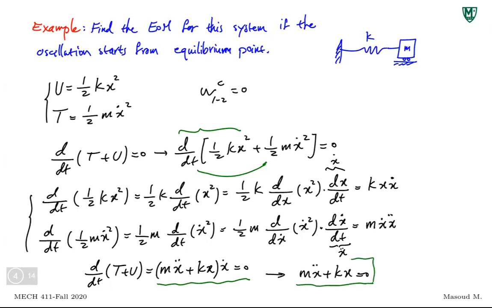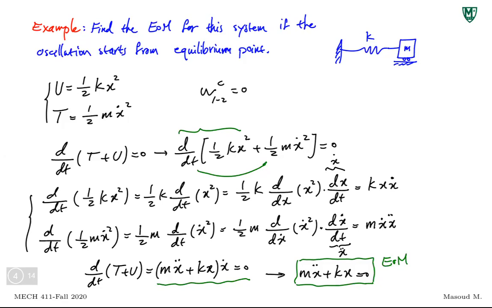This is what we got from Newton's method. The equation of motion of the system is the same. Okay, so any questions about this, guys? We formed the potential function, found the potential energy, found the kinetic energy for the system, and we took the derivative.